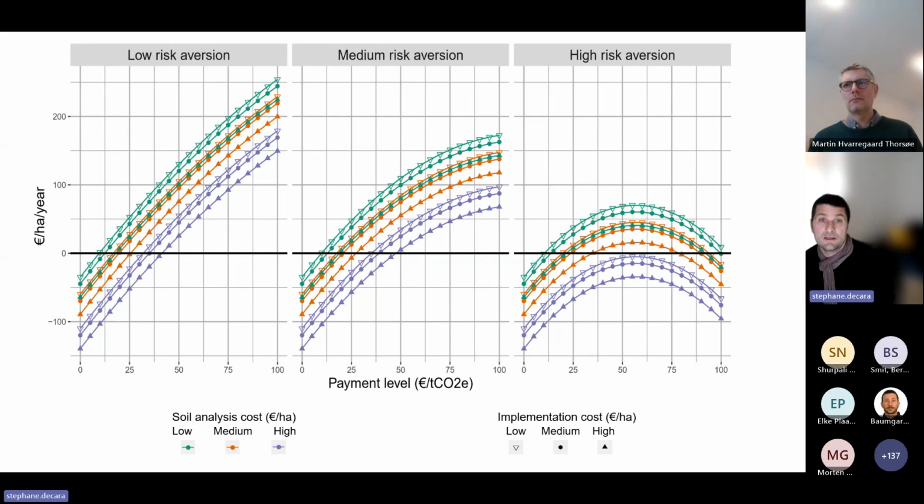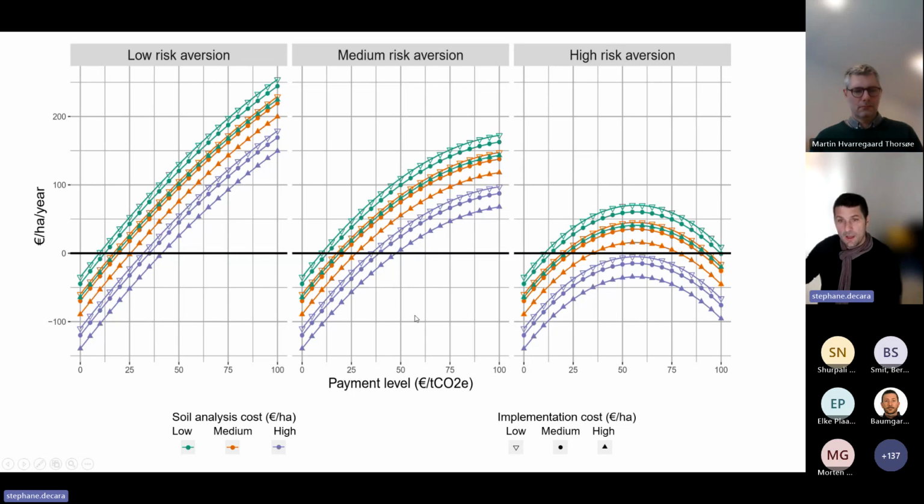Because as the payment increases, it actually magnifies the risk for farmers, because the environmental outcome is uncertain. So above, let's say, 50 to 55 euros per ton of CO2 equivalent, depending a bit on the implementation and analysis costs, the incentive to join the scheme decreases past that threshold.